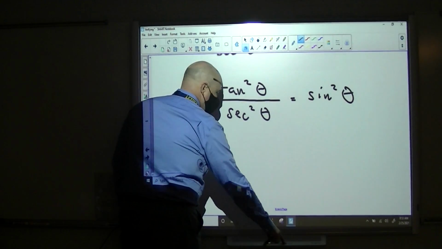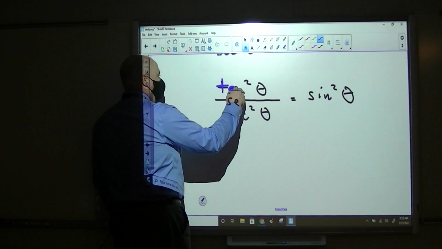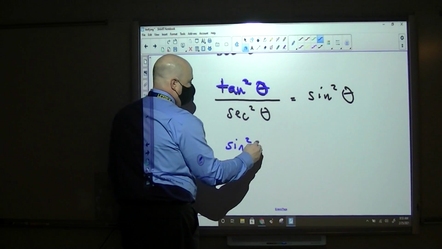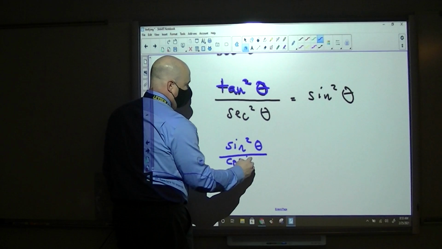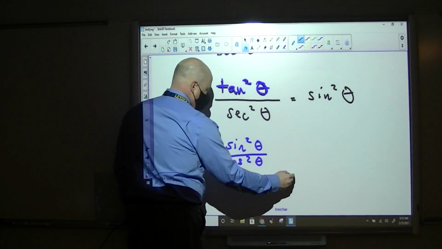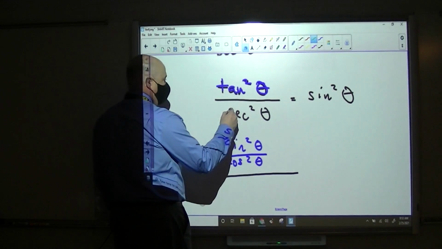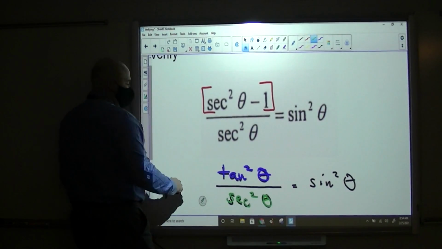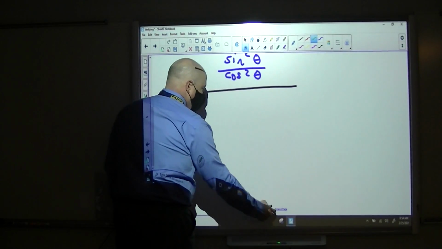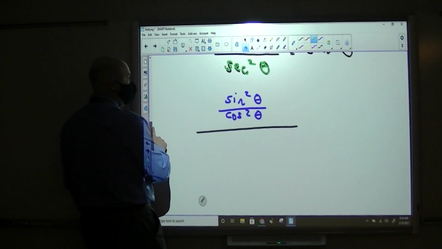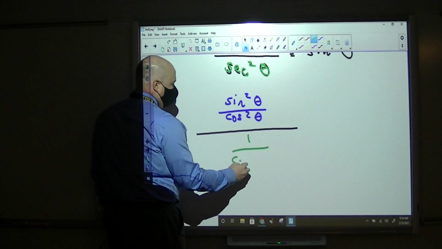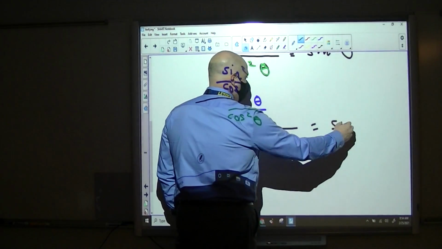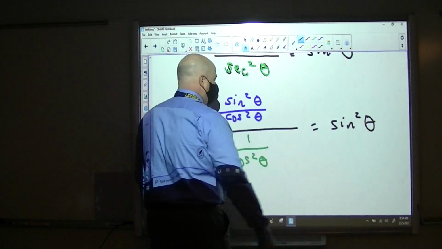So tangent, here comes the color coding again. Tangent squared is sine squared over cosine squared. Secant squared is 1 over cosine squared. And that's supposed to equal sine squared.